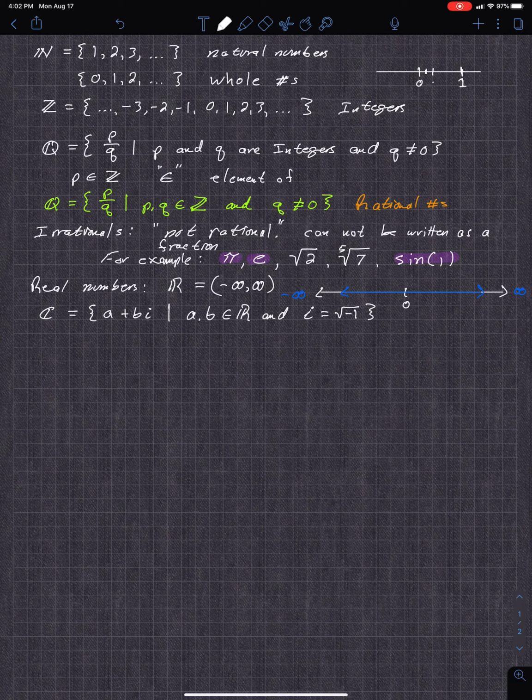Okay, so those are complex. You would have seen that in college algebra or any sort of second level algebra. You would have talked about complex numbers. Not going to get into the complex plane, but there is a whole field of study on that. It's called complex analysis.